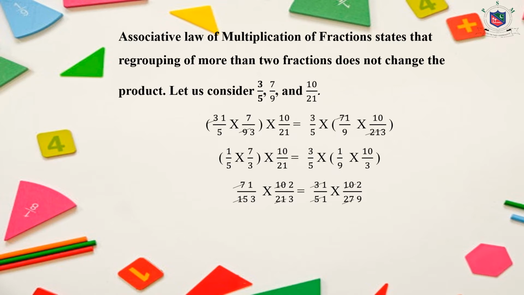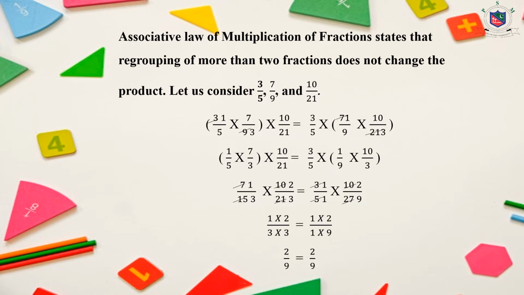Same at the right hand side. We can cross cancel 3 and 27 and we can cross cancel 5 and 10. At the end we get 1 multiplied by 2 and 3 multiplied by 3. And on the right hand side 1 multiplied by 2 and 1 multiplied by 9.